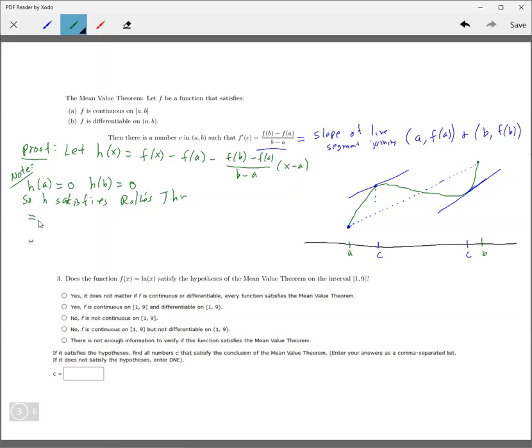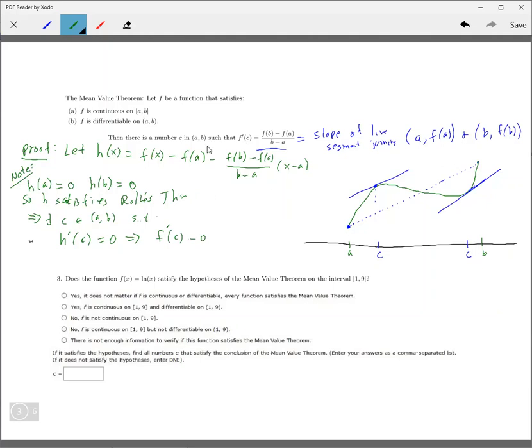So that means that there exists a c in a to b such that h prime of c equals 0.